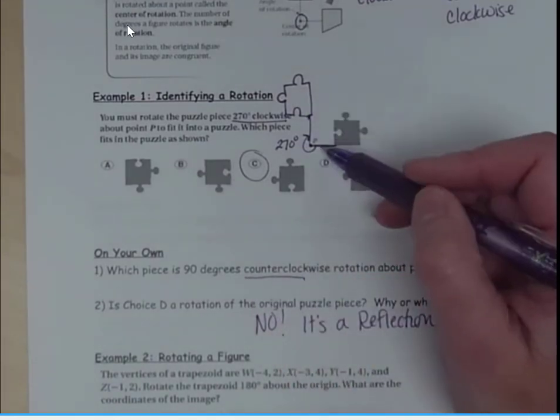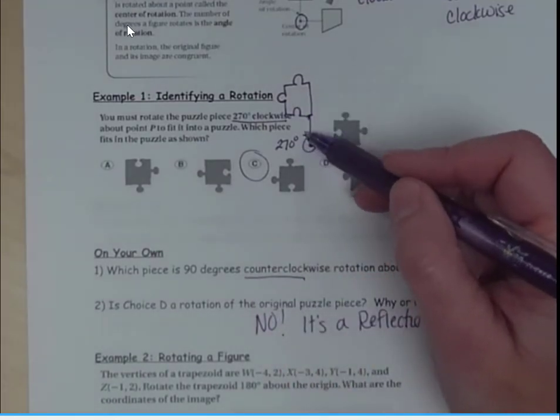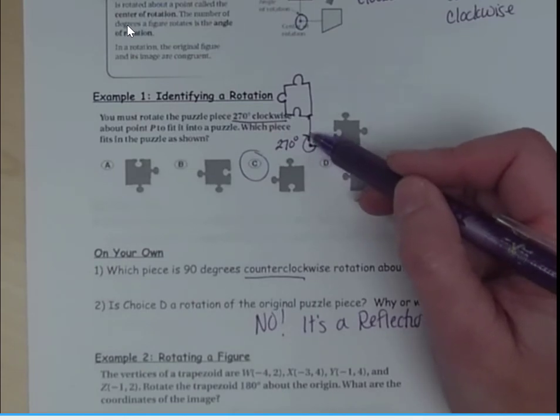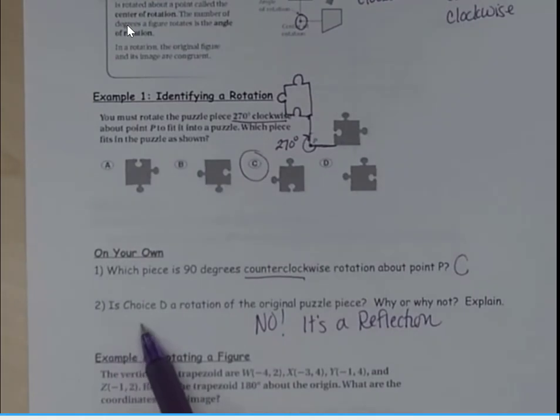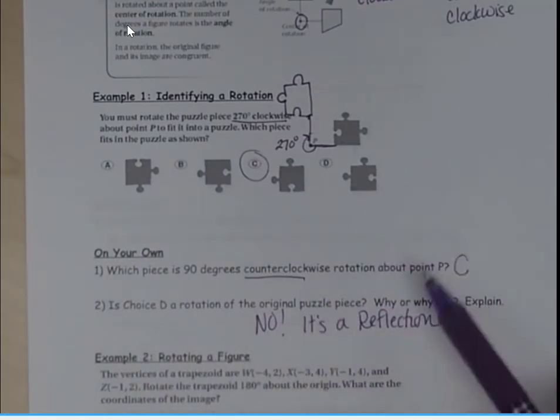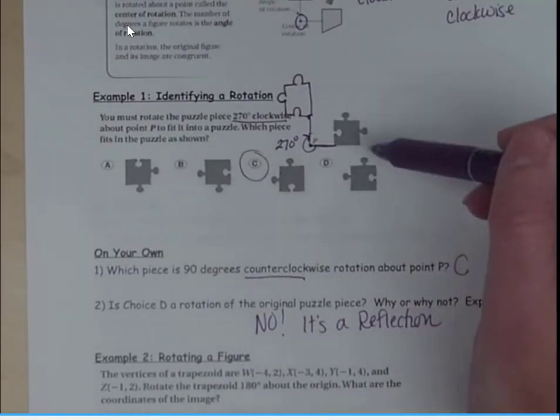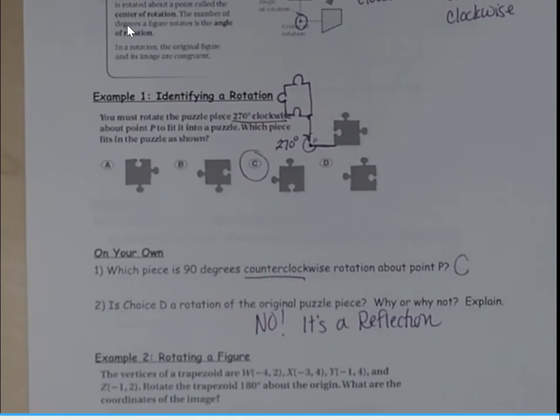It's the exact same piece because here this was clockwise, and if I go 90 degrees, that's counterclockwise, so it's the exact same piece. Is choice D a rotation of the original piece? No, that is a reflection. So I can't rotate that at all to get that shape.